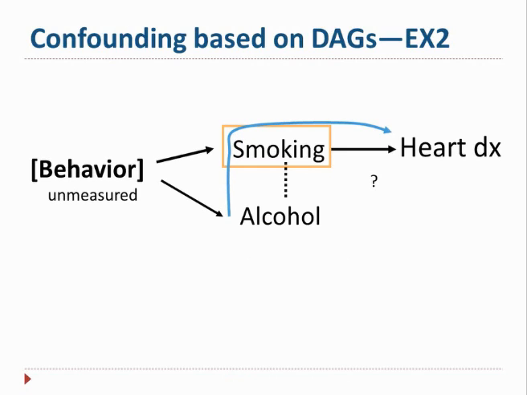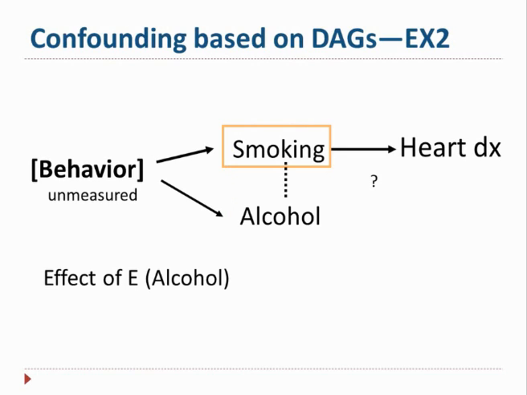We want to block that backdoor path. So we're going to adjust for smoking here to remove that arrow so that we can estimate the effect of alcohol on heart disease. So here in this model we're going to include both alcohol, because that's the effect we want to estimate, and smoking so that we can remove that other association.